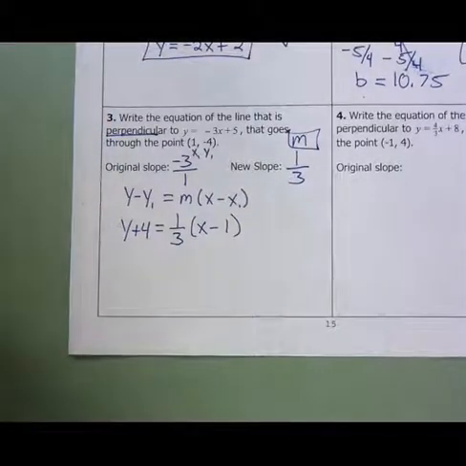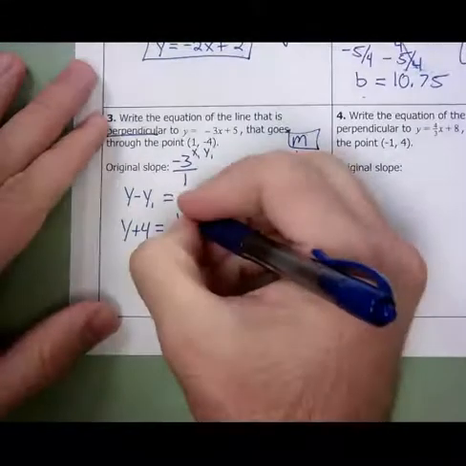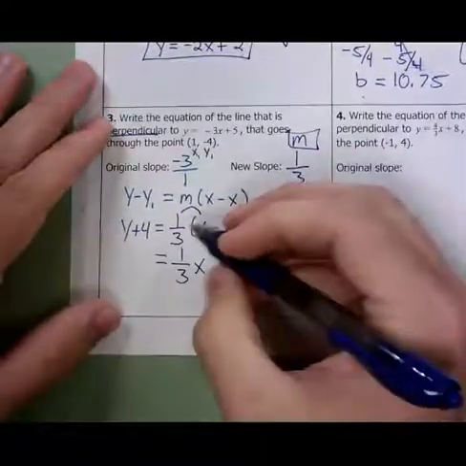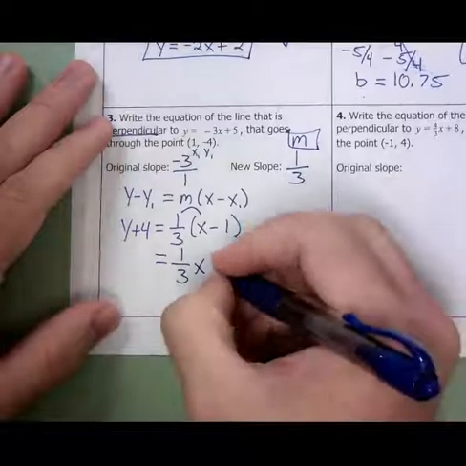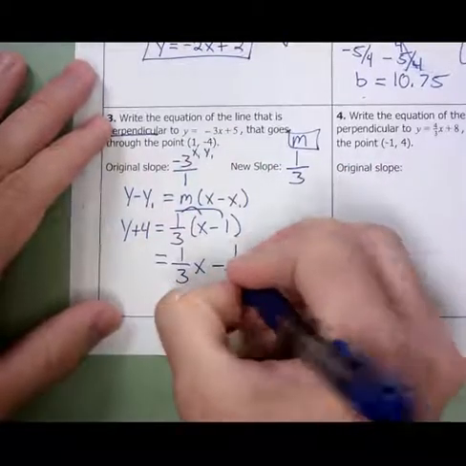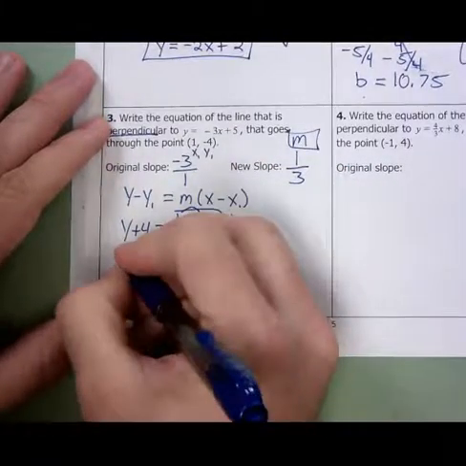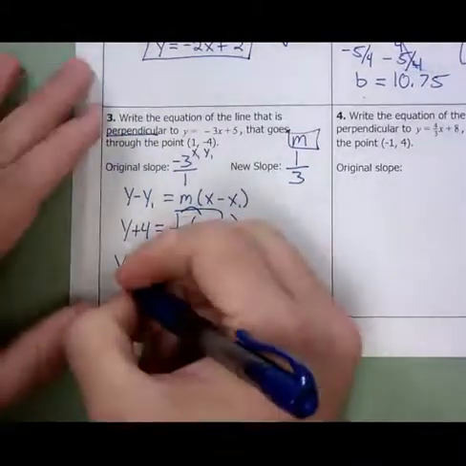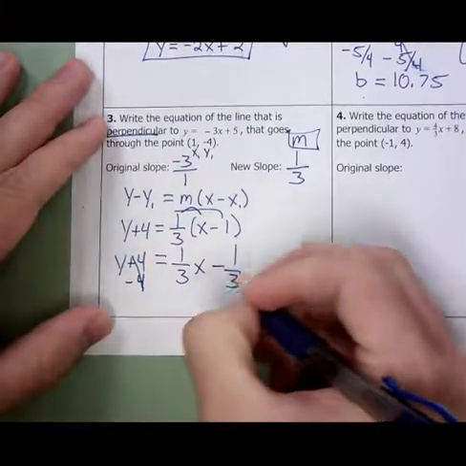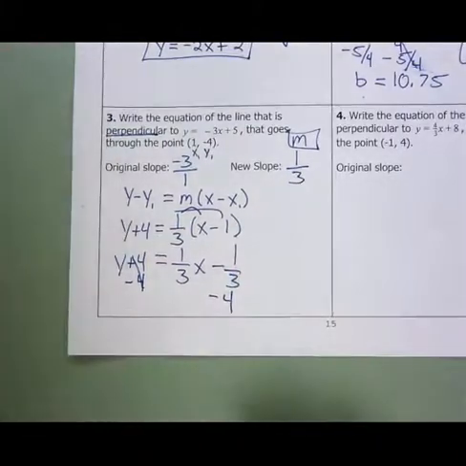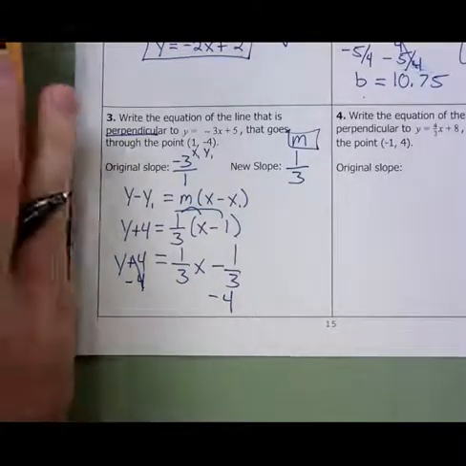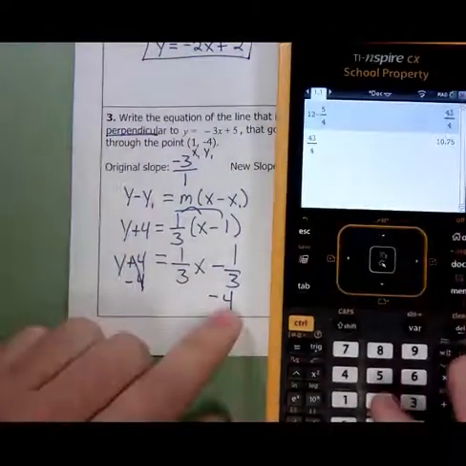Step 1 for point slope would be to distribute. 1/3 times x is 1/3 x. 1/3 times negative 1 would be a negative 1/3. And my last step, of course, is to move over whatever's next to y, which would be a minus 4. Let's see what our answer ends up looking like.